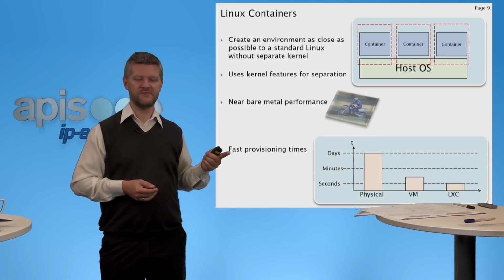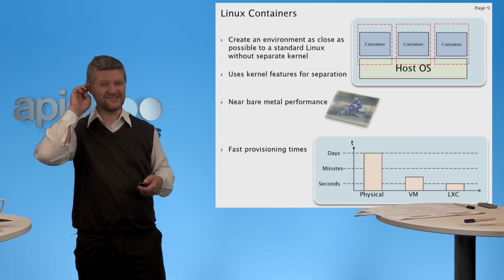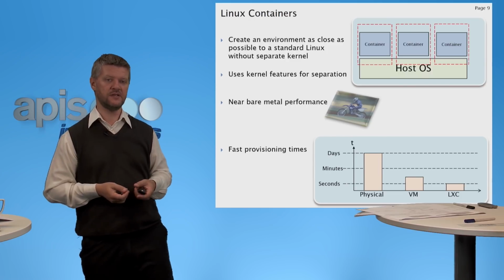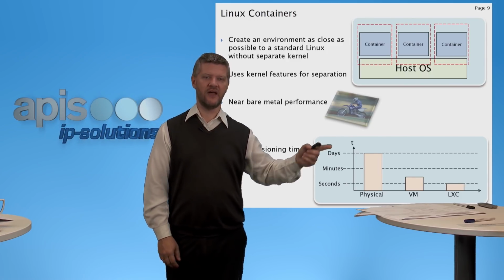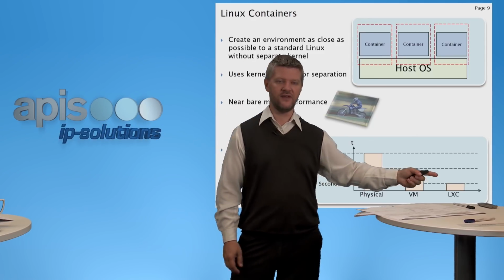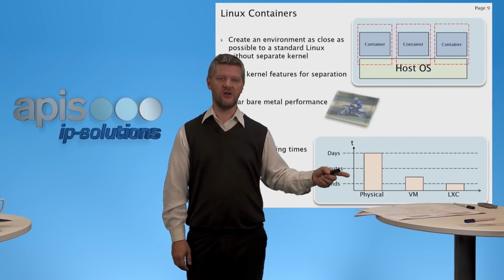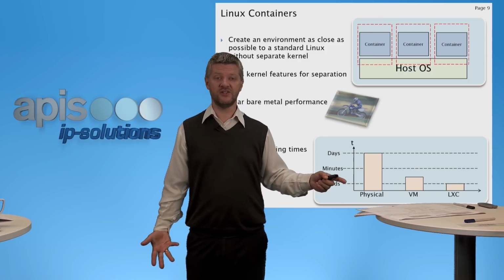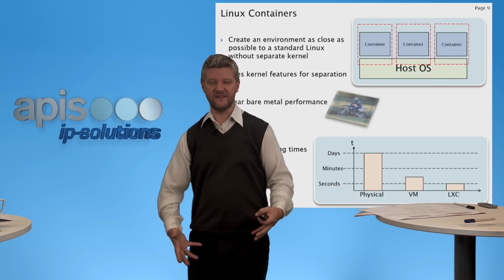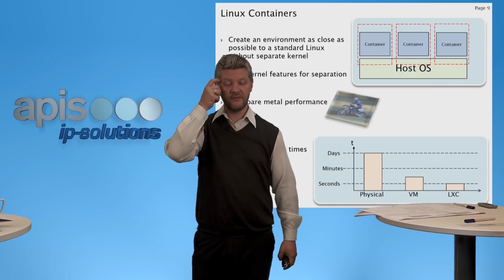So it says here fast provisioning time. Provisioning means essentially booting up, starting times. So we have a scale down here with time and then three different examples. Physical means no virtualization at all. You buy a physical server and install things on it.